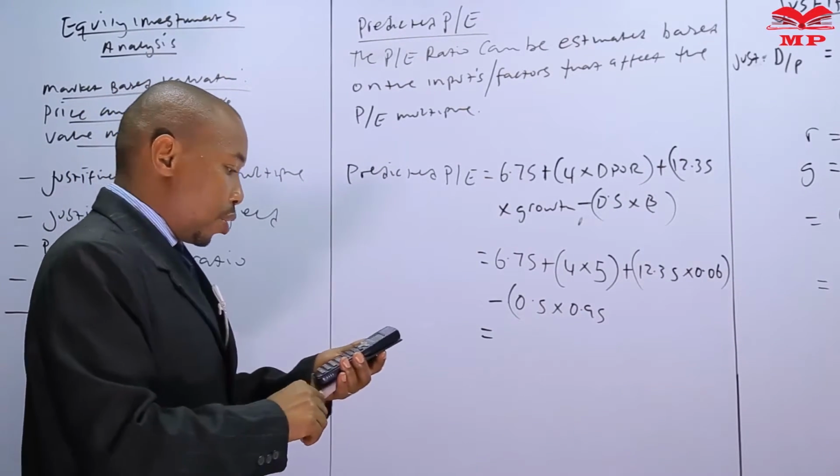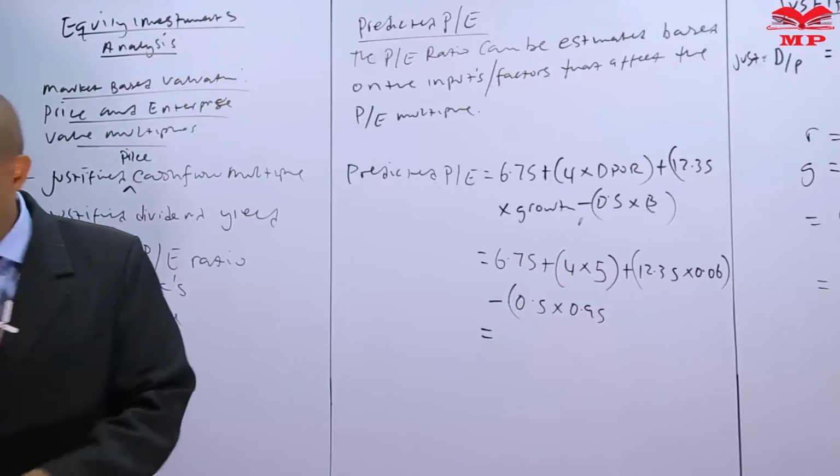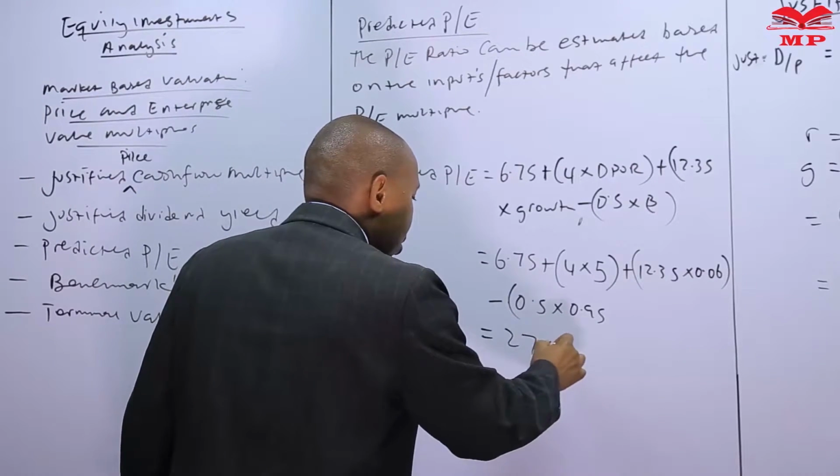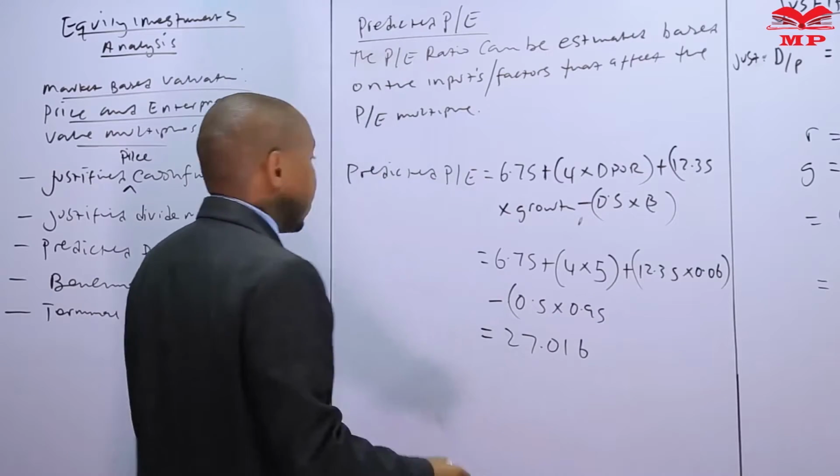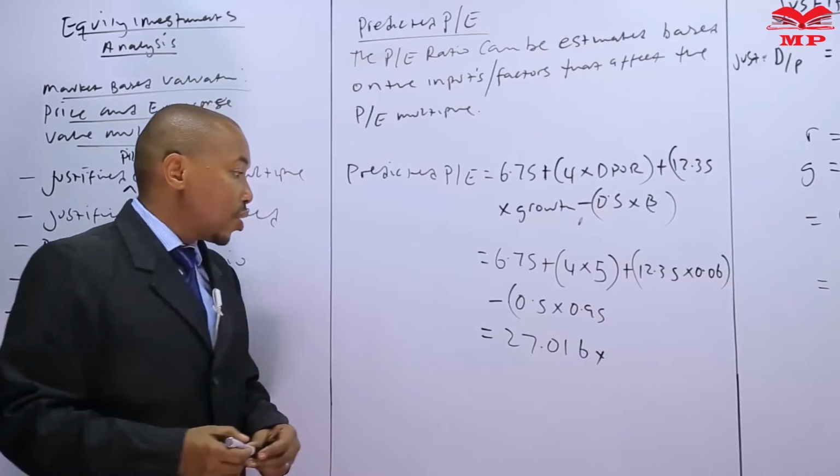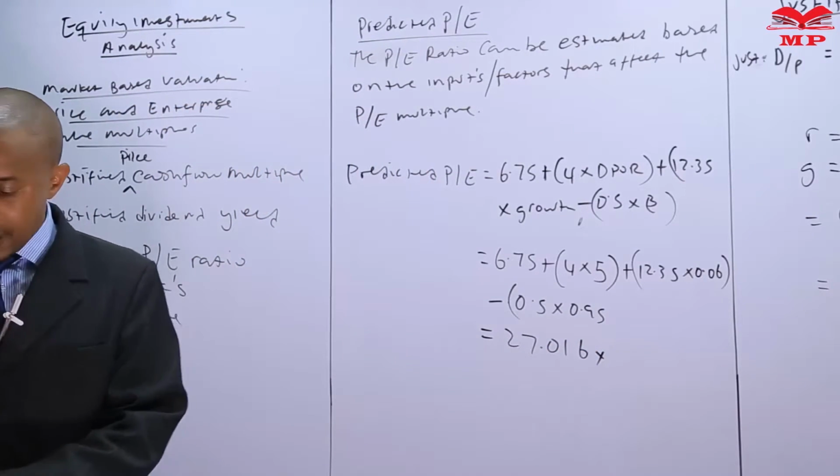We have 27.016 there. So this is a multiple. We are saying it has to be 27.016 times there.